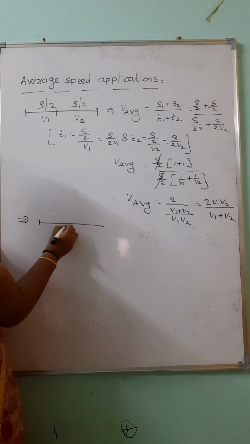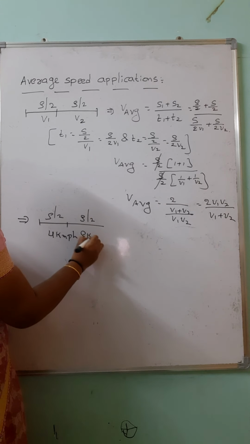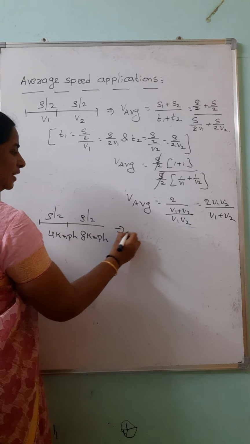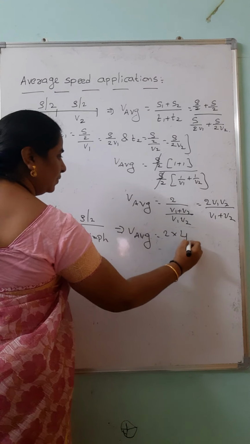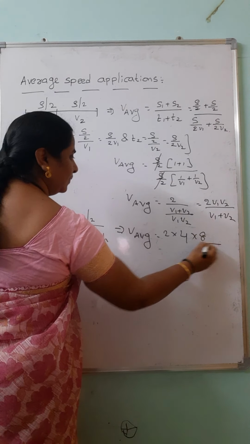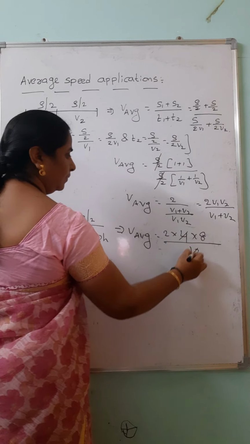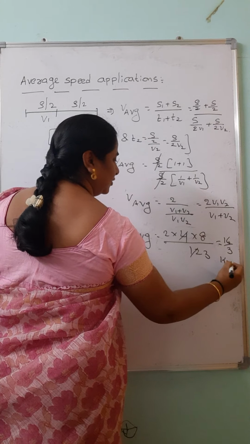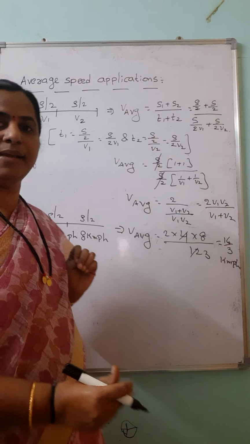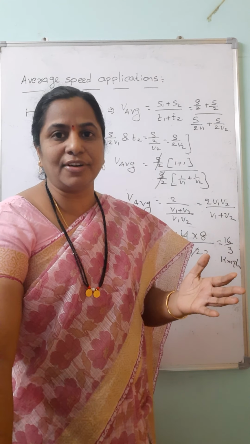Same application: if the body covers half of the distance at 4 kmph and the remaining half at 8 kmph, how do we find the average speed? 2 into 4 into 8 by (8 plus 4), which is 12. That gives 16 by 3 kmph.